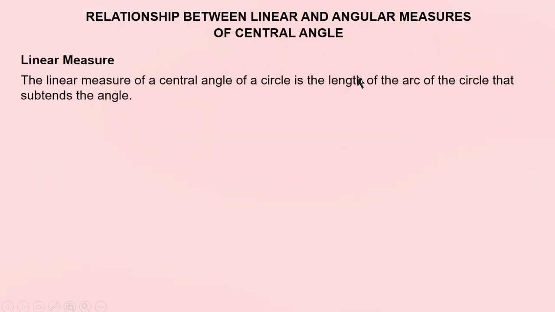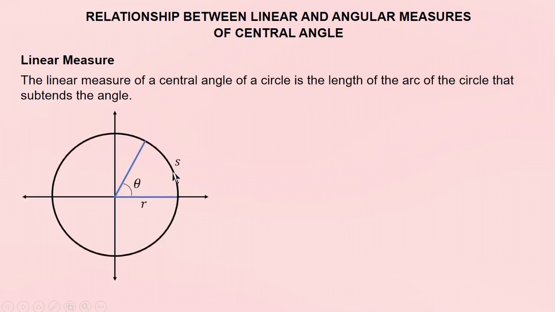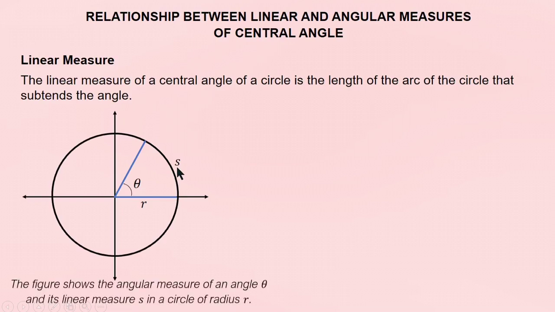Linear measure of a central angle of a circle is the length of the arc of the circle that subtends the angle. This figure shows the angular measure of an angle theta and its linear measure s in a circle of radius r.